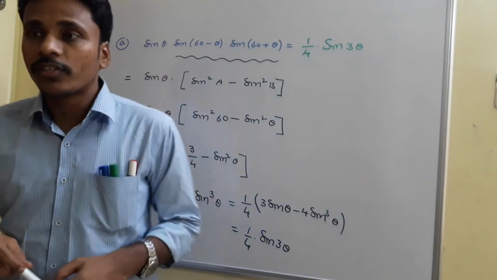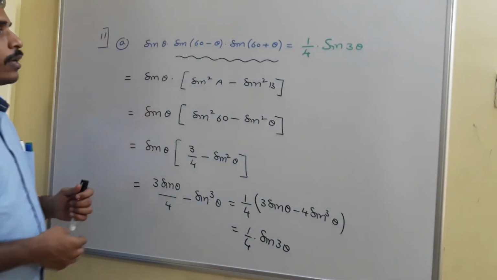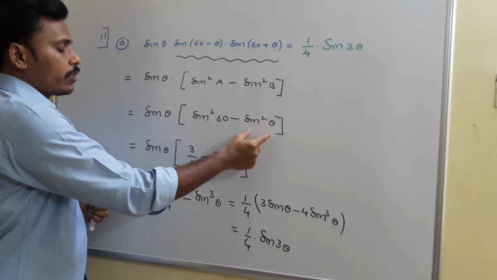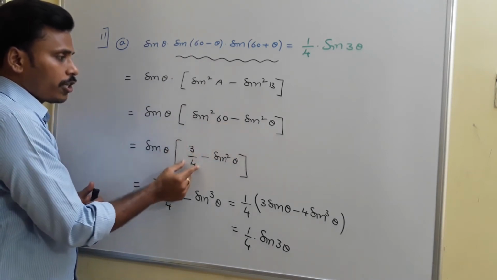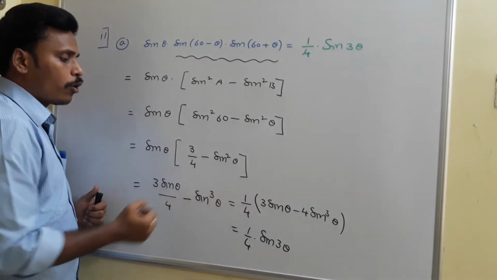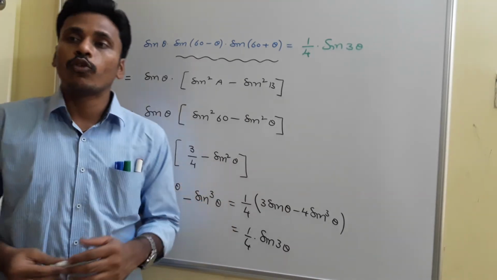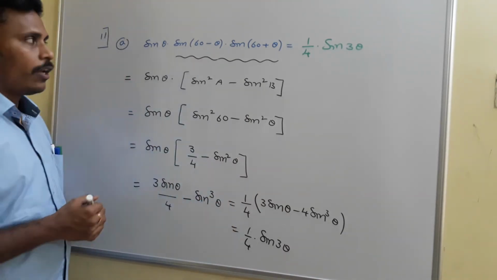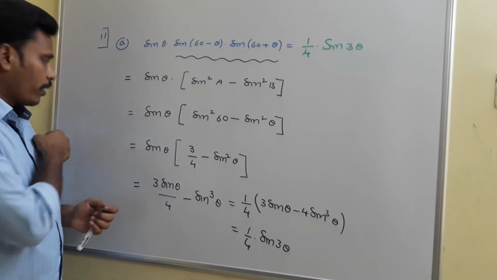So sin square 60 minus sin square theta. Sin square 60 is 3 by 4, minus sin square theta. Just multiply and then common out that 1 by 4, and 1 by 4 sin 3 theta is at the end. You need to memorize it also.